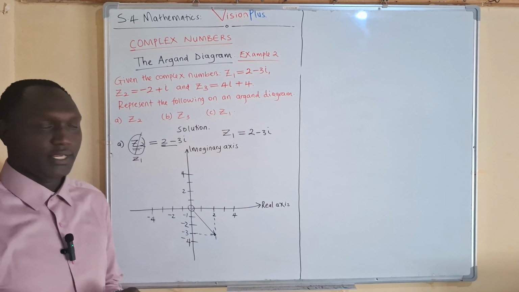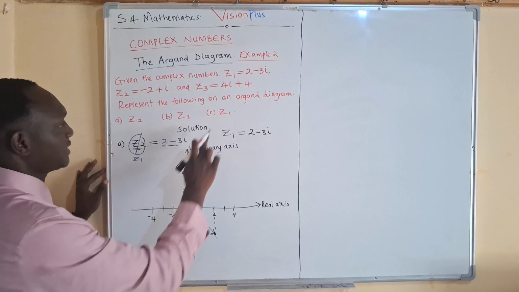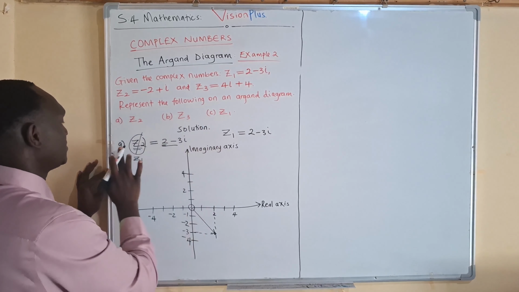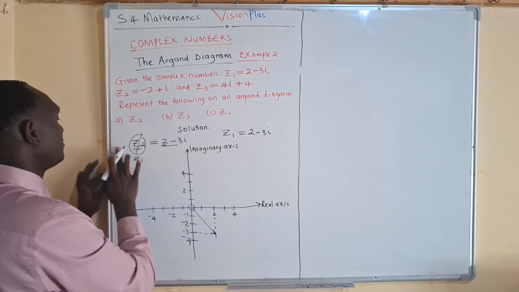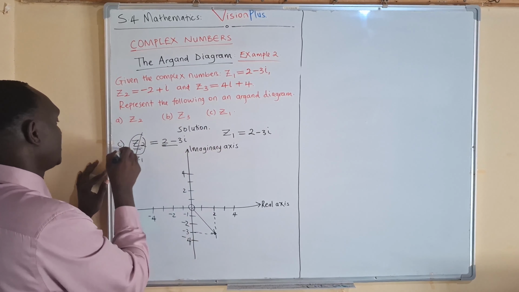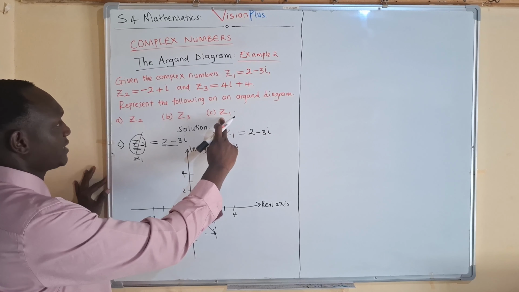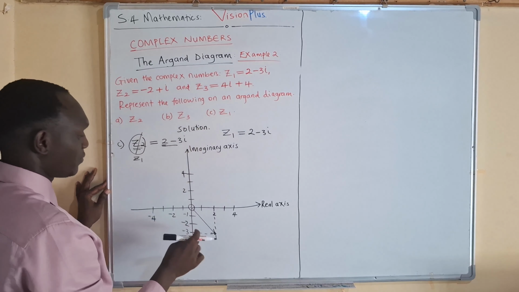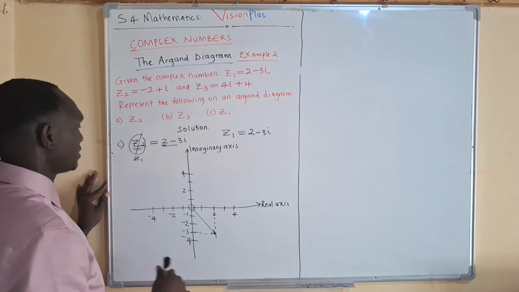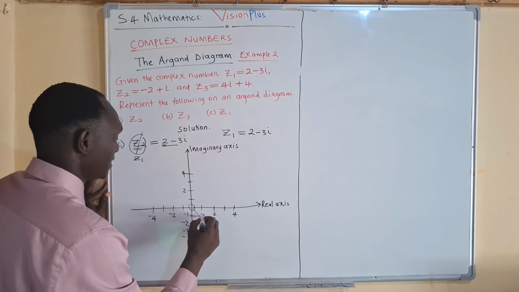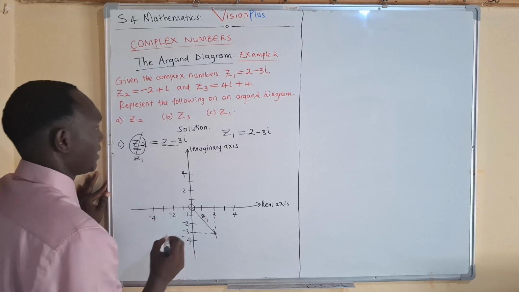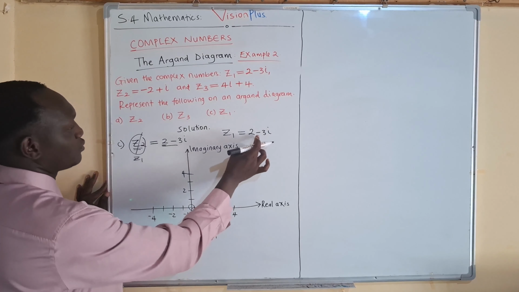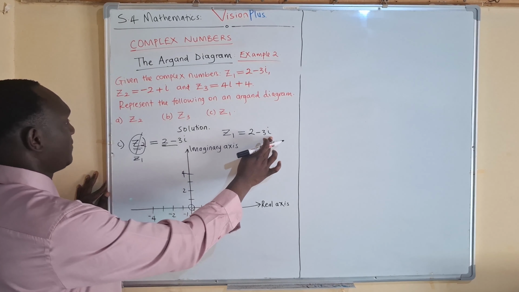So let us take it as the solution for part C. Instead of A here, let me change it to part C, the one asking for Z1. I don't want us to erase and start over again. So let me just mark this one as Z1, the complex number 2 minus 3i.